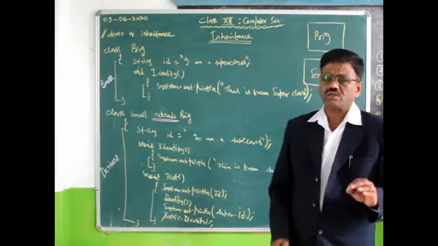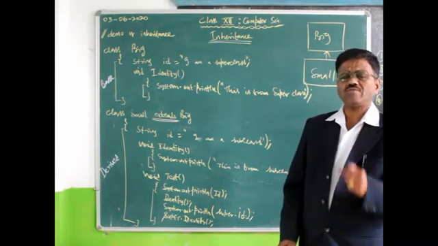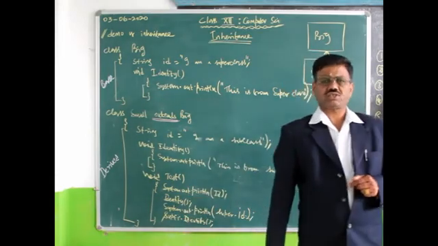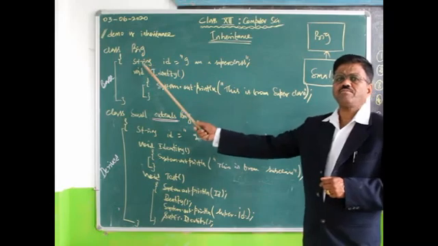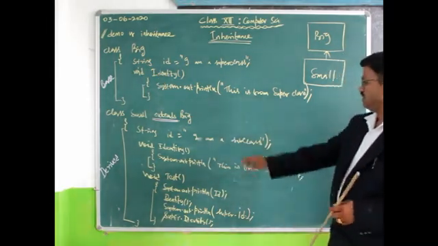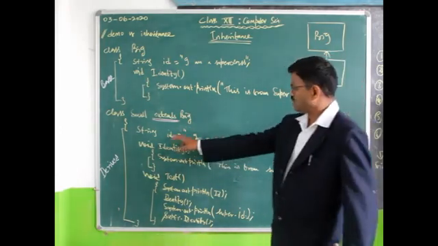So the crucial thing in your derived class or subclass is that you have to have a keyword called extends. What does it do? It extends from where? From big. Clear? Here also, deliberately, I am going to use some other variable.